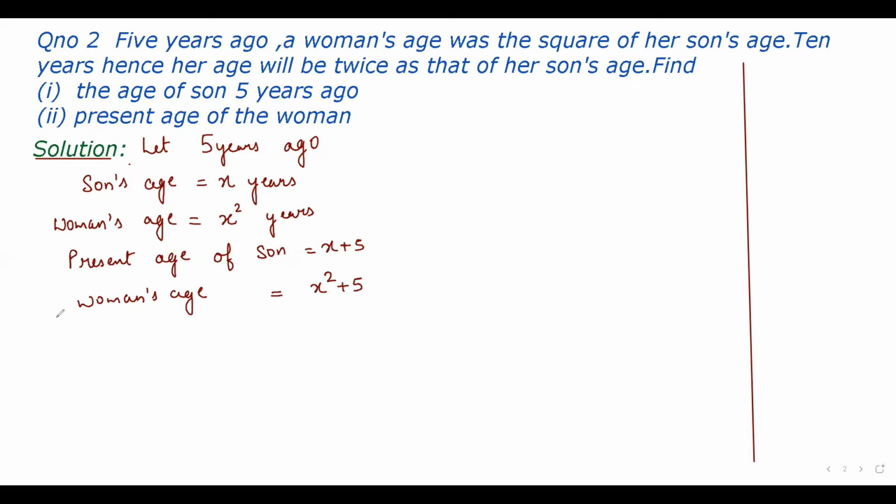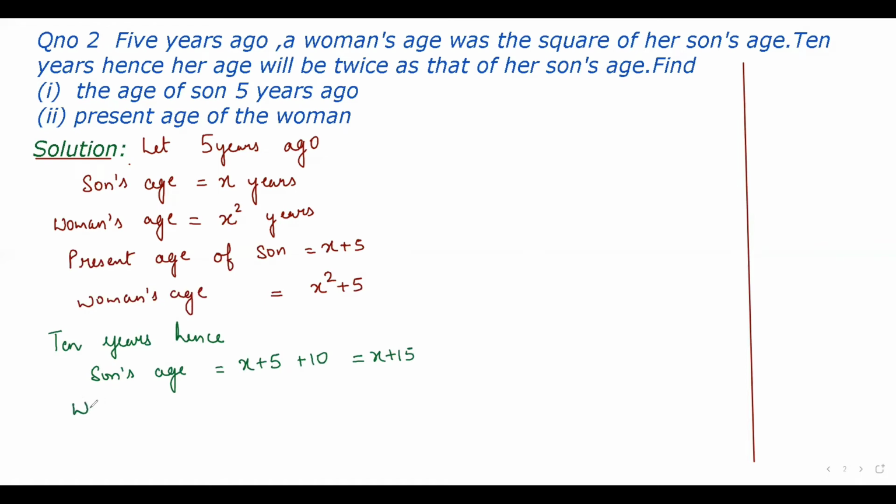It means after 10 years, you can write here, 10 years hence, son's age. Now we will talk with reference to the present age. Today his age is x plus 5, so after 10 years you add 10 years to his present age, so it will be x plus 15 years.